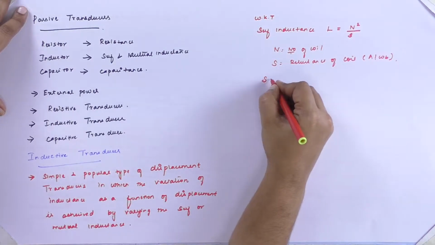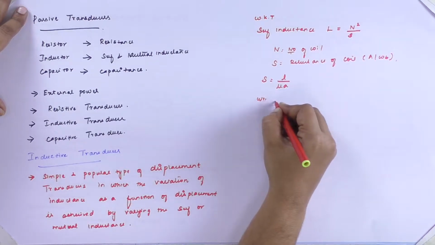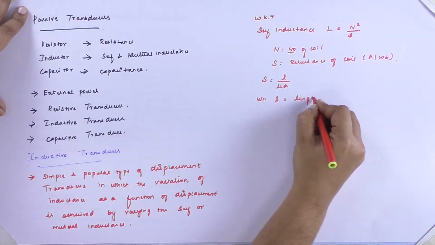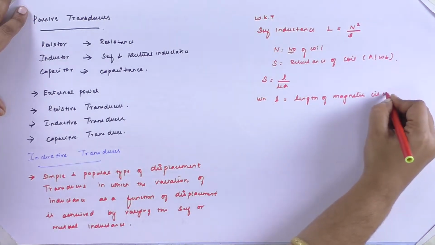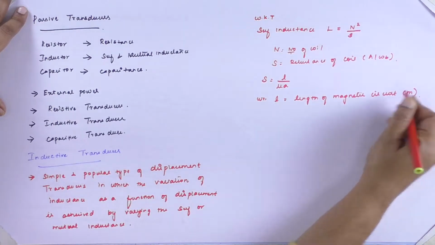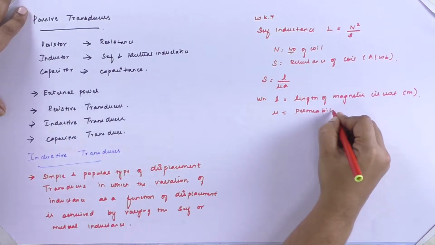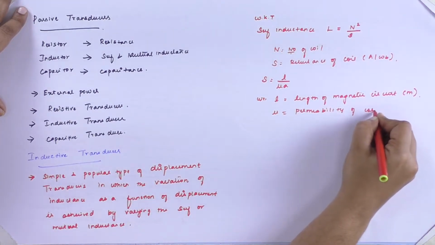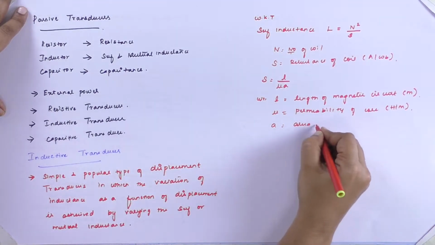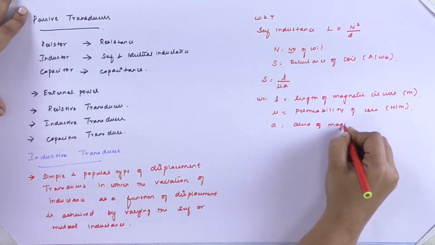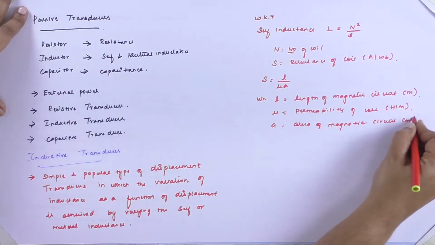Also we know that the reluctance S is equal to l divided by mu into A, where l is the length of magnetic circuit in meter, mu is the permeability of core in Henry per meter, and A is the area of magnetic circuit in meter square.